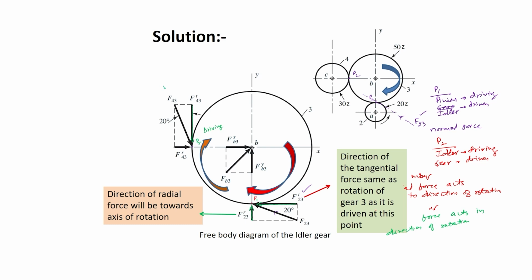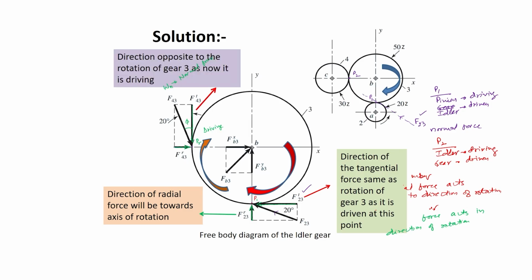So, this is actually Wn, the normal force. The component of this normal force is this tangential force, and it will act opposite to the direction of rotation. And the radial component will always act along the axis of rotation.